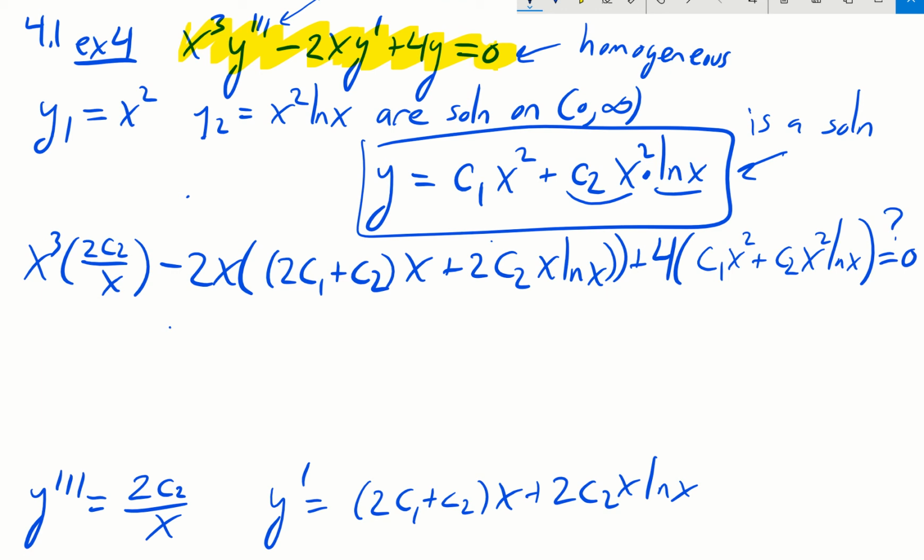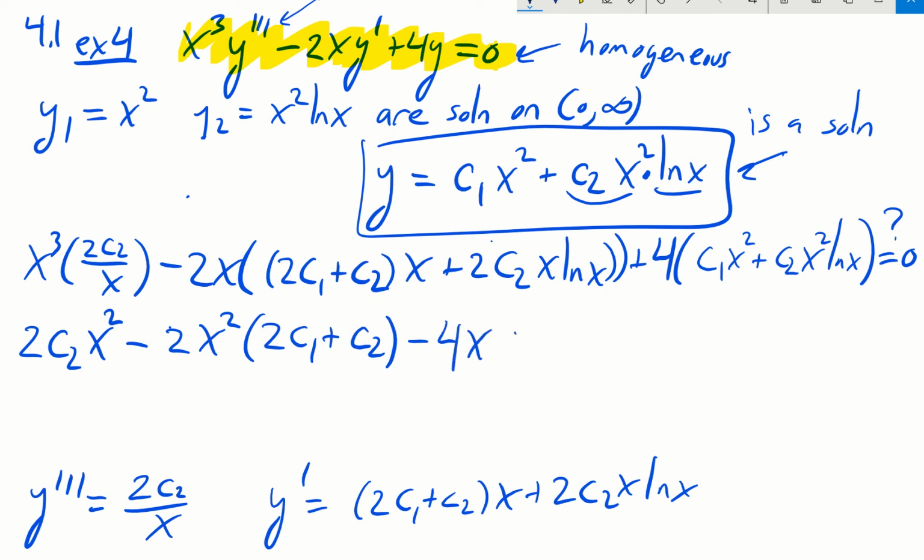Let's go through and algebraically simplify this. If we distribute the x cubed in, we get 2c2 x squared. Let's distribute the negative 2x into this. I'm going to get a negative 2x squared times this coefficient 2c1 plus c2, and minus 2x times this thing will give us a minus 4 x squared c2 ln of x, since x and x give us x squared.